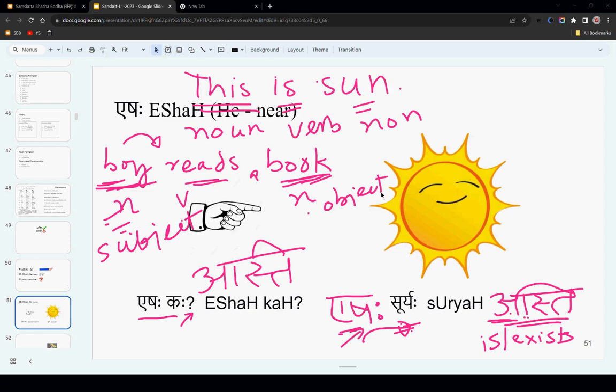Eshaha Surya Asti. In this case, Asti is the verb and the nouns are coming before. Surya Asti is exists or is, and Surya is performing that action of being existing. So Surya is a subject here.